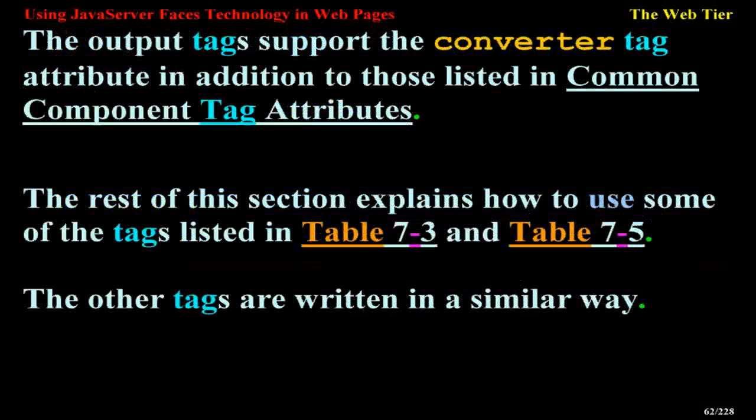The output tags support the converter tag attribute in addition to those listed in Common Component Tag Attributes. The rest of this section explains how to use some of the tags listed in Table 7-3 and Table 7-5. The other tags are written in a similar way.